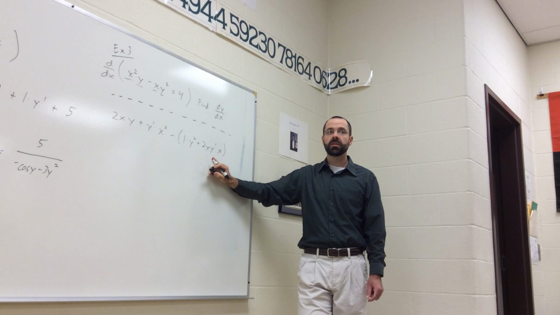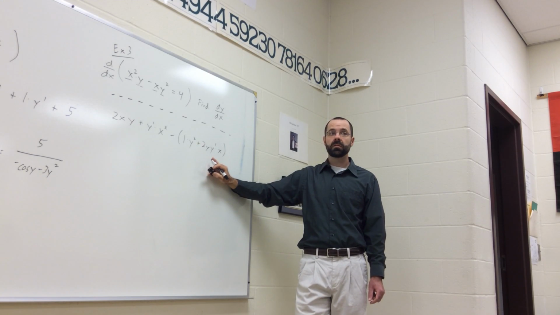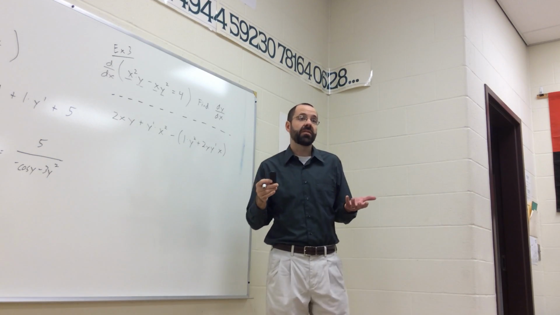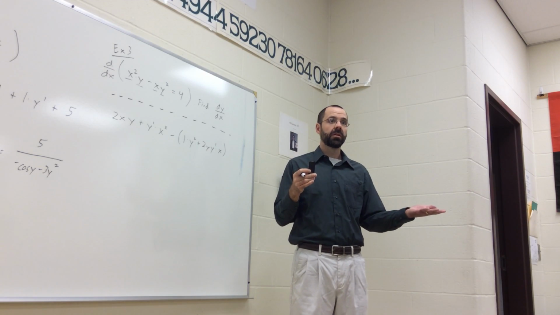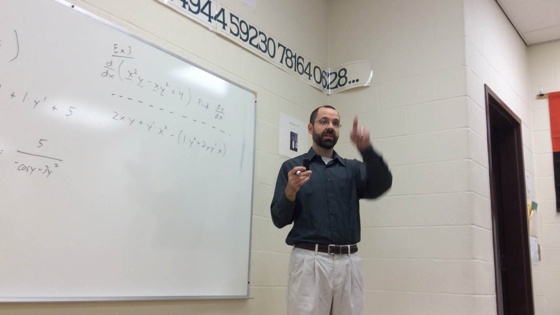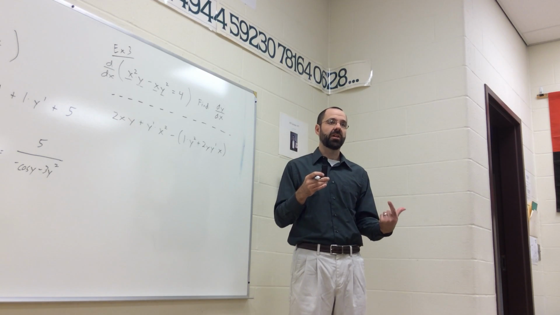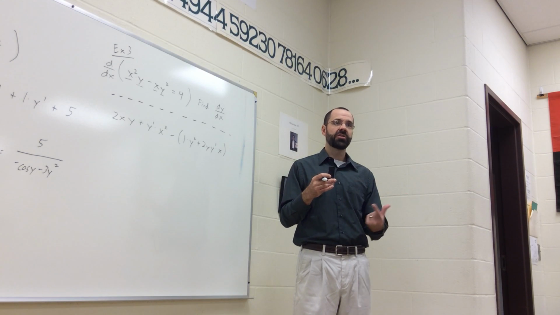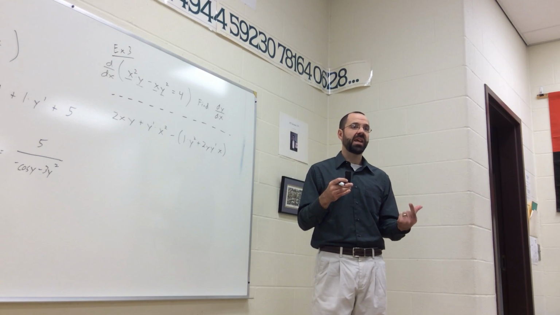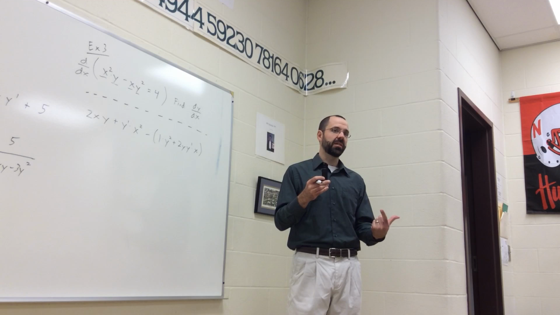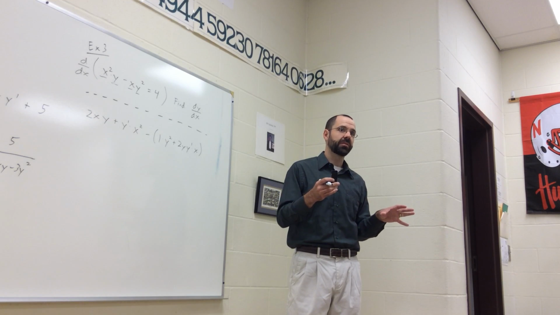Yes, sir? Can you explain again why x squared is not disguised but y squared is disguised? It comes from the fact that x is the input variable. So when you graph, x is on the bottom and y is here. And since it's the independent variable, that means you start with it. It's just a number. Whereas y is obtained from a big formula. Since x is the independent variable, it doesn't have a formula associated with it. Whereas since y is the output, it's coming from a big formula of x.